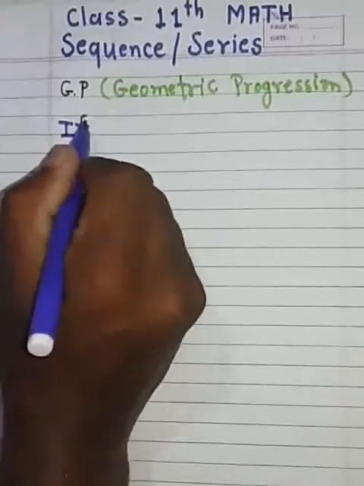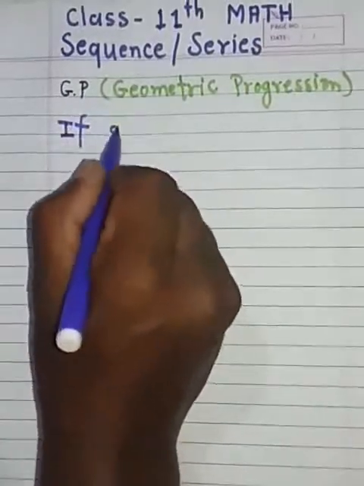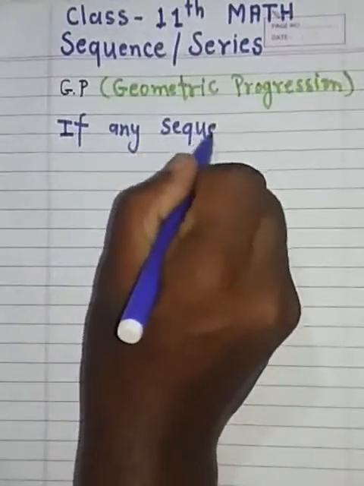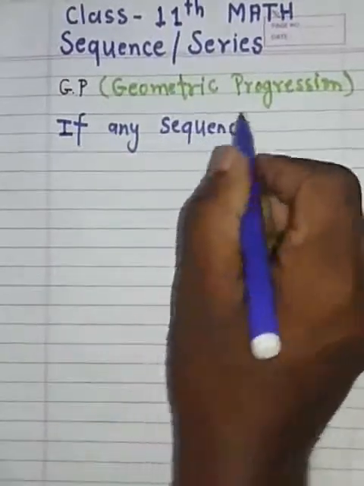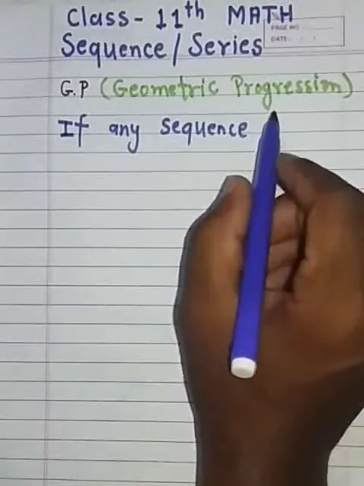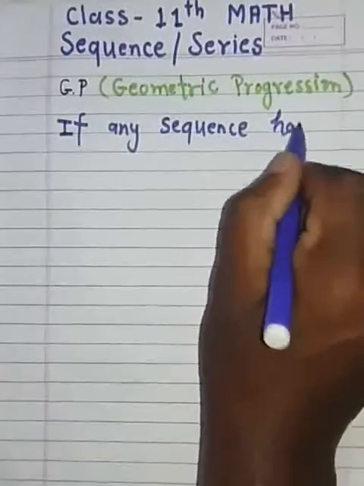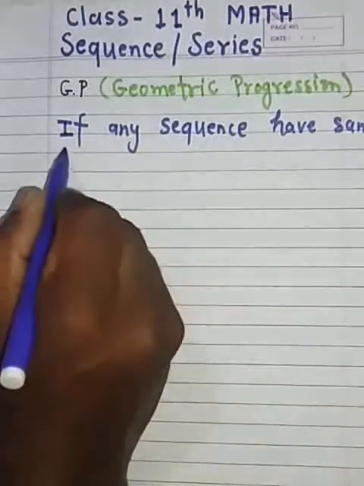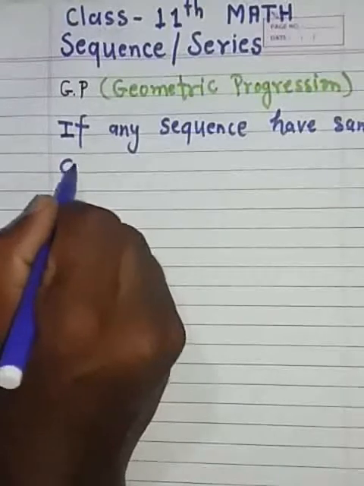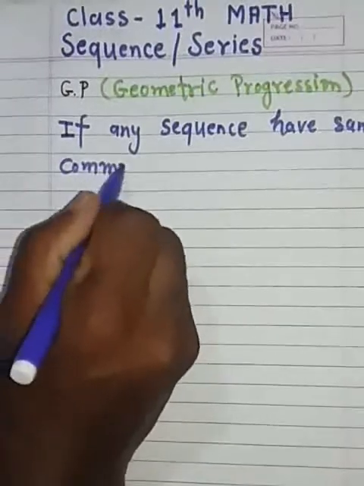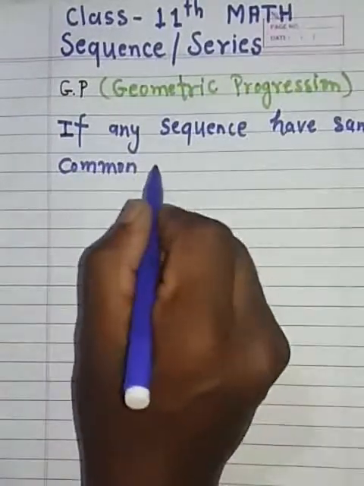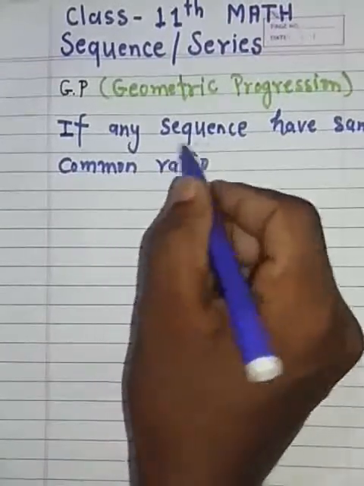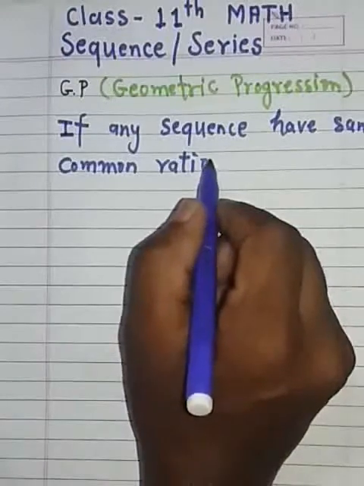If any sequence has the same common ratio, this type of sequence is called geometric progression.